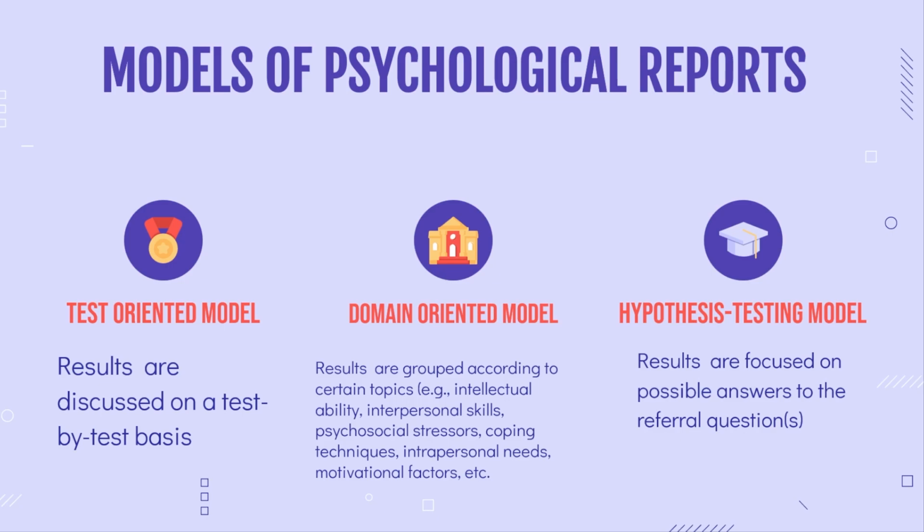In the domain-oriented model, there are different domains or topics of the person's well-being that you are looking into. There is a section for intellectual ability and a section for psychosocial abilities. If you have 5 tests and 2 of them are intelligence tests, you compare and contrast the results of the 2 intelligence tests and describe the intelligence of the client as a whole.